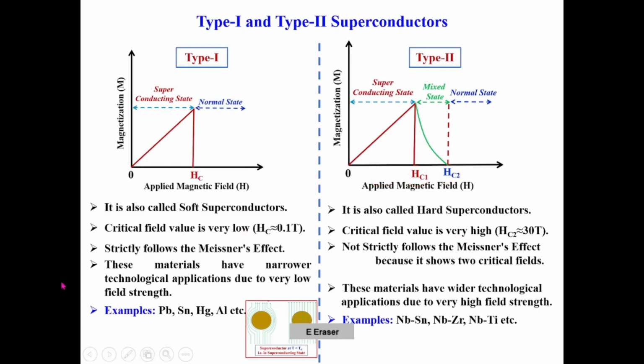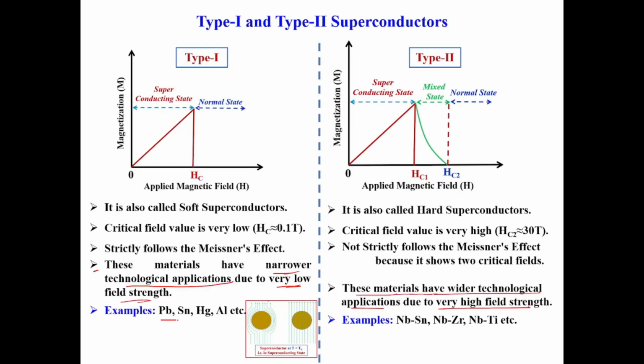Next, fourth point, type 1 materials have narrow technological applications due to very low field strength, but type 2 superconductors have wide technological applications because of very high field strength.